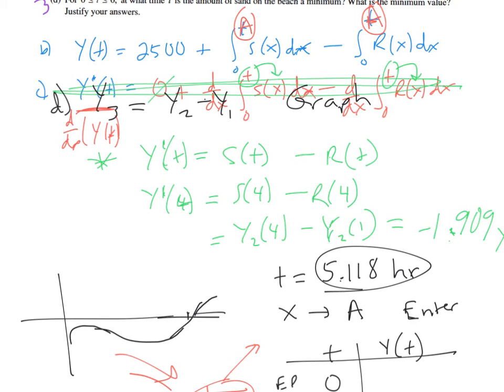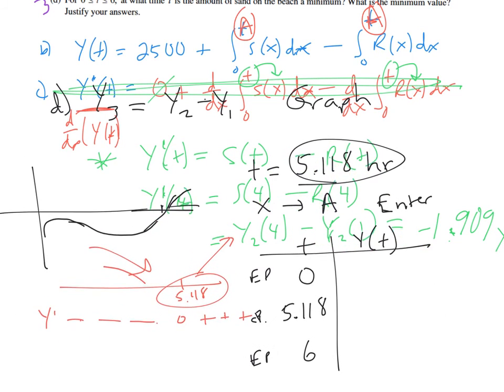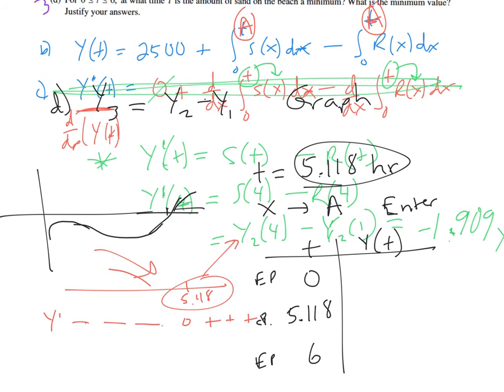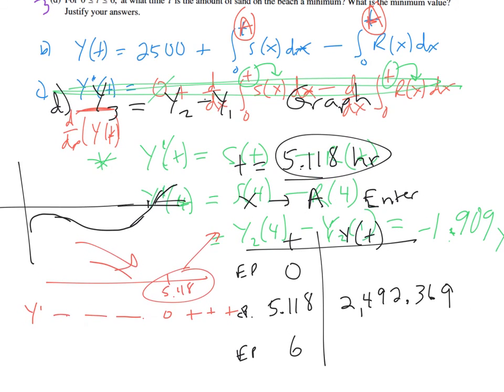And if you type that in your calculator, go ahead, pause, type that in your calculator, you're going to get an answer of, big answer, 2,492.369. Now I can round because this is my final answer for the amount of sand on the beach. So that's going to be cubic yards.